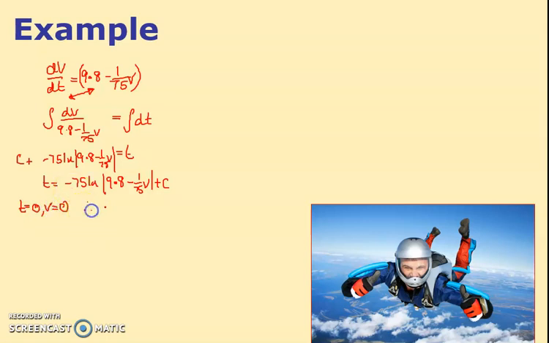Put that into my equation. 0 equals minus 75 log, now v equals 0, so that's log of 9.8, plus a constant. So I need to work out what that is. Negative 75 times the natural logarithm of 9.8. Very nice. Move it over, I get c equal to 171.18, give or take a bit.